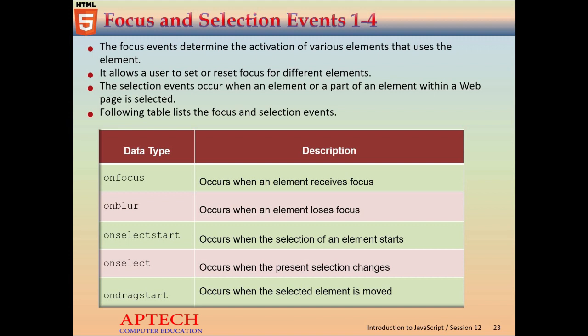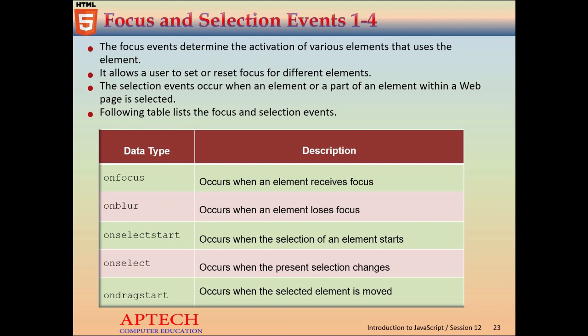It allows the user to set or reset the focus for different elements. The selection occurs when an element or a part of the element within a web page is selected. So let's say what are the events for focus and selection. Maybe onfocus, that means when a text box or any control has the focus.